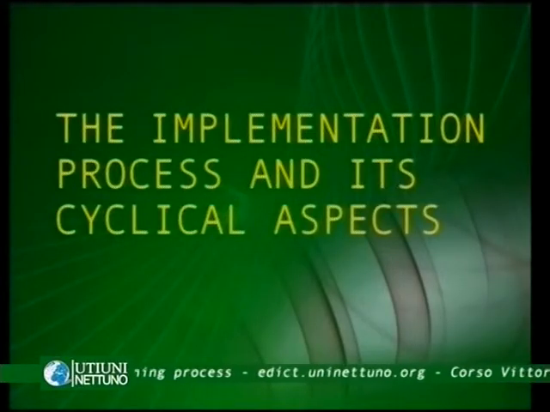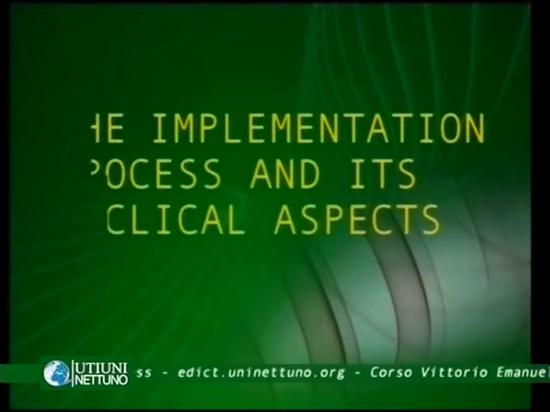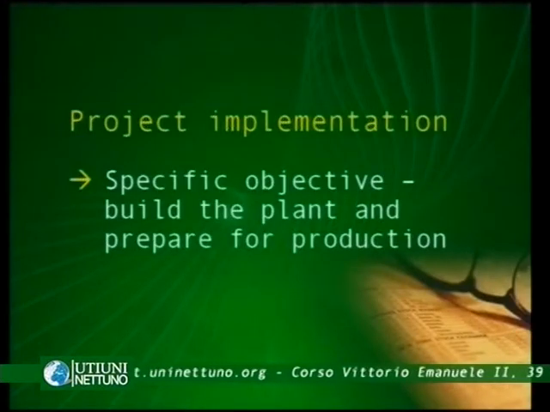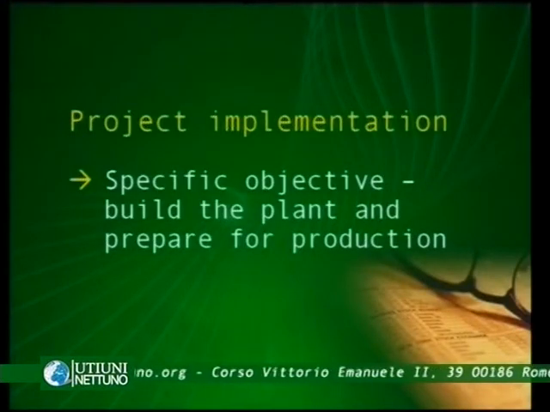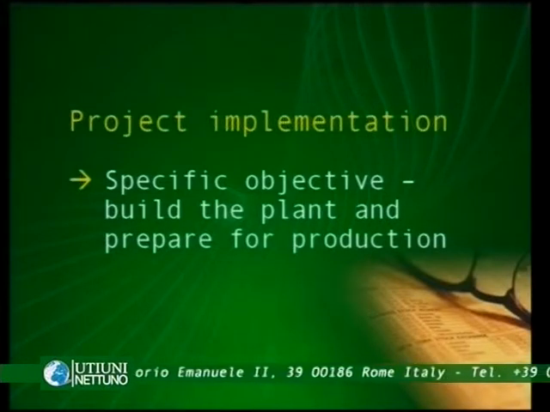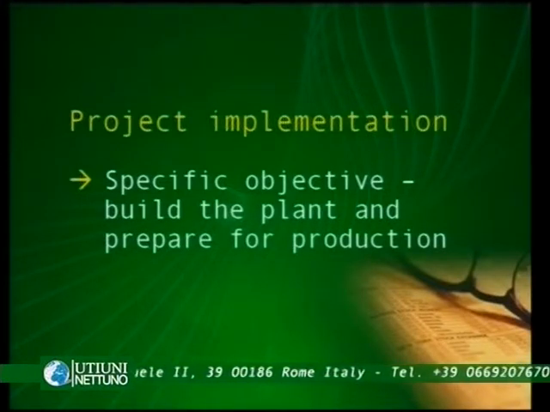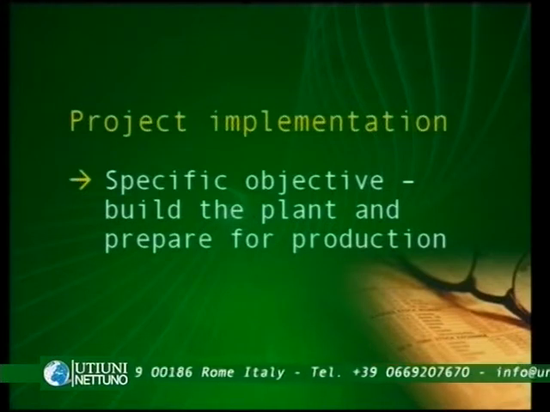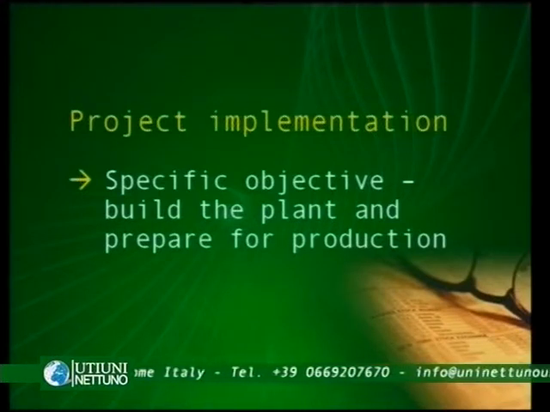Let's start with the cyclical aspects of the implementation. Implementation process and its cyclical aspects. The main idea is that project implementation has to reach a specific objective, build the plan, and prepare for production.